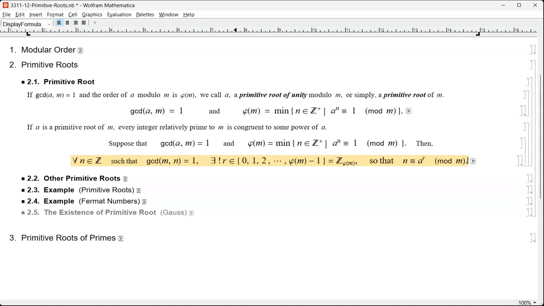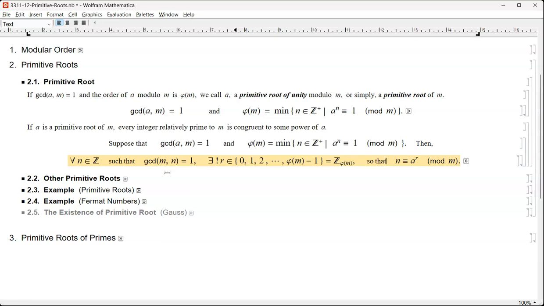For any integer n that is relatively prime to m, there exist unique r from 0 to phi of m minus 1 such that n is congruent to a to the r power mod m. That's the conclusion.